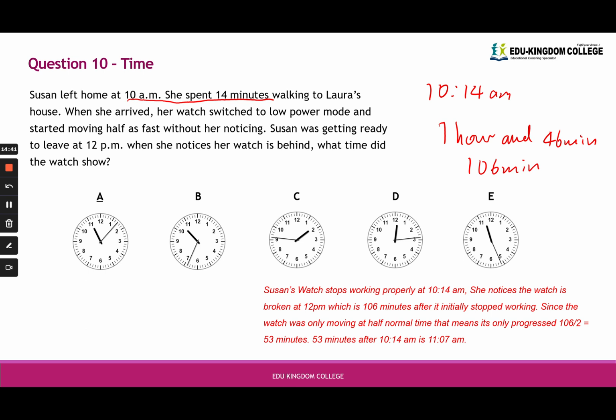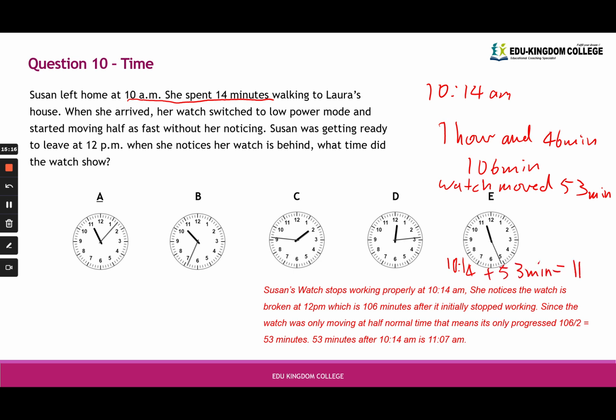Okay. And so since we know that the watch was only moving at half the normal time, so half the speed of a normal watch, that means the watch, okay, moved 53 minutes, right? Because that's half of 106 minutes. Okay, so that means at the end of the day, the watch will show 10:14 plus 53 minutes.